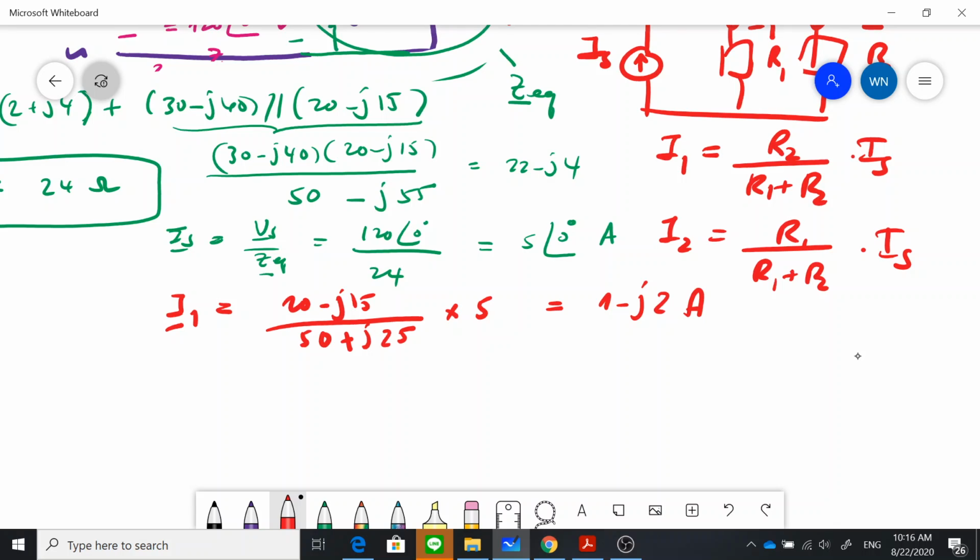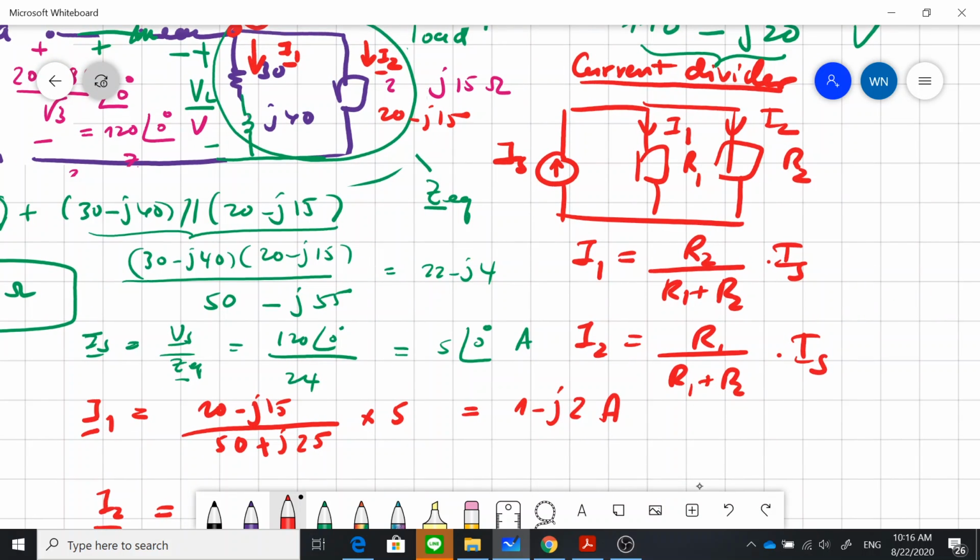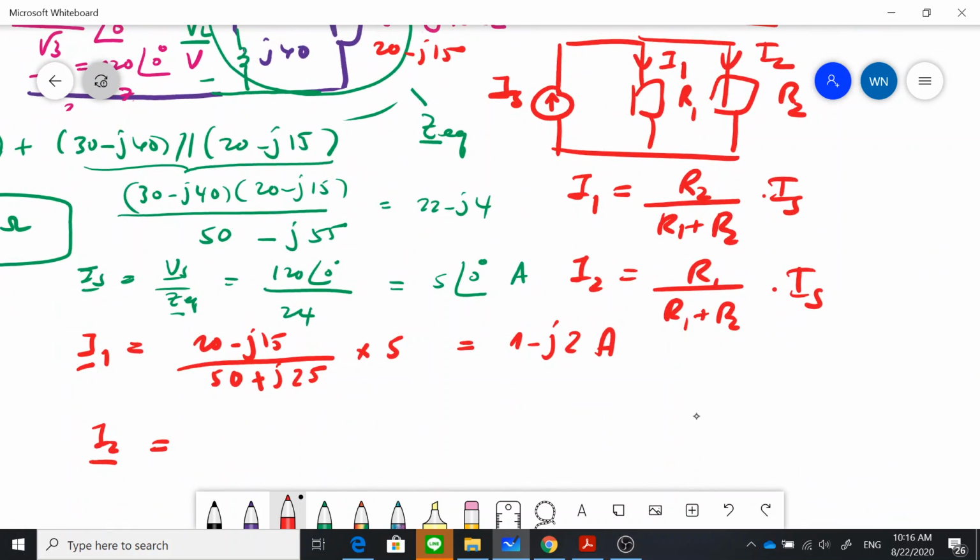I2 must be 5. So what is the I2? I2 is the current flowing into 20 minus j15. So the ratio would be j30 plus j40 divided by the same guy here, 50 plus j25, times 5.